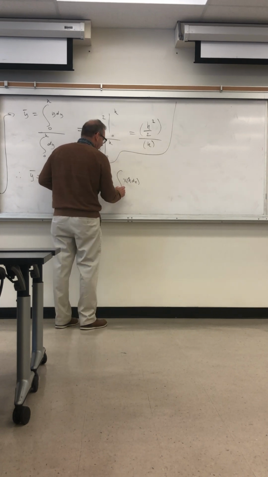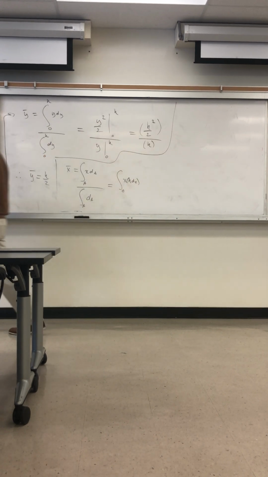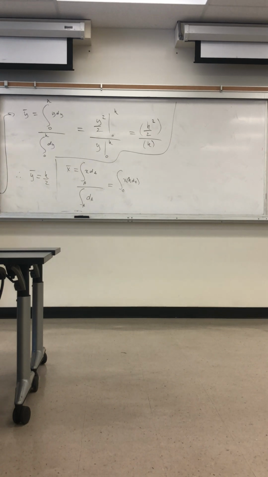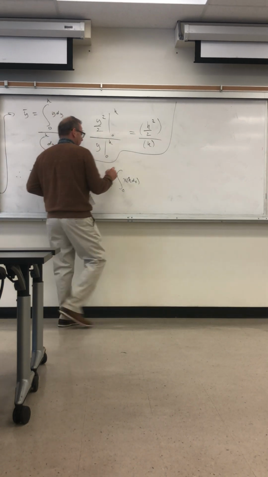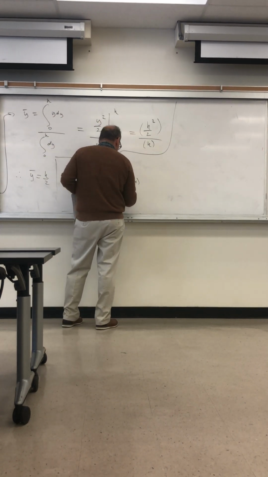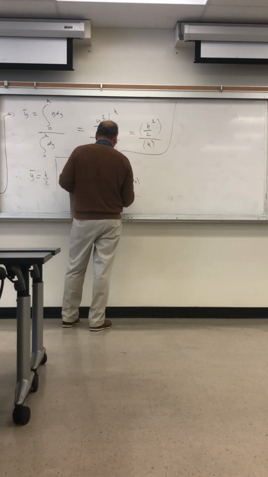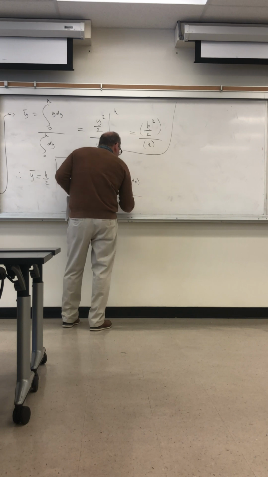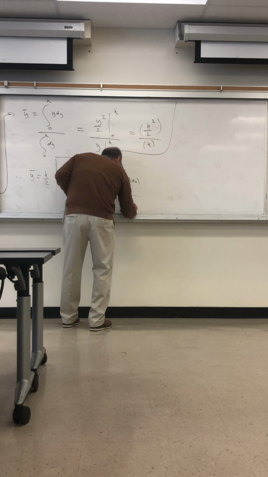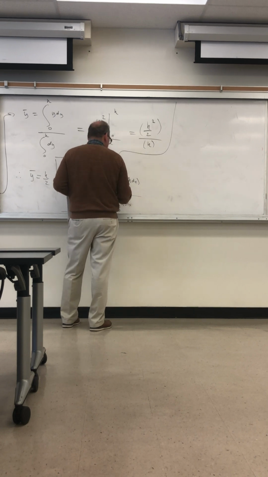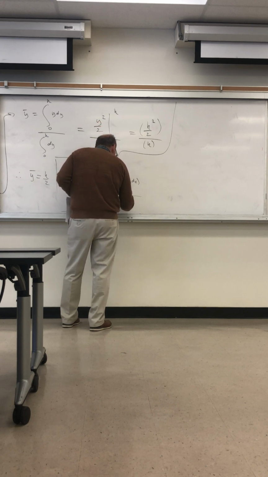So we're going to be integrating from 0 on x to b, and then divided by, in this case, dA is h dx, so we're going to go from 0 to b.